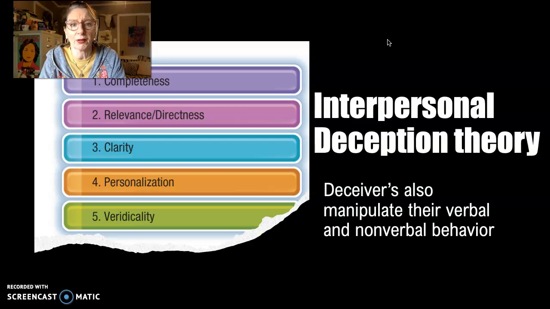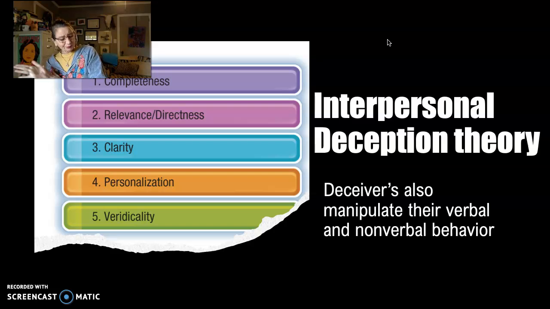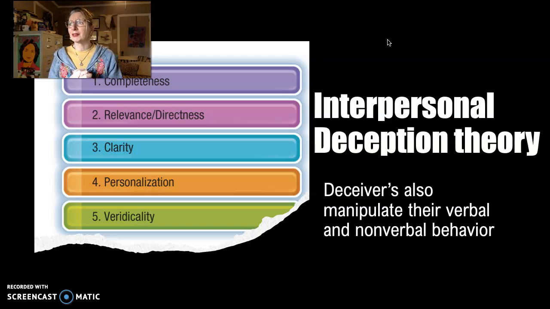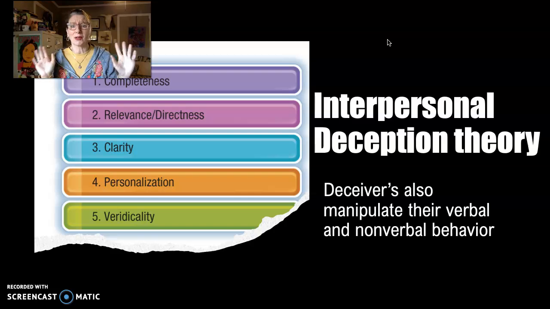That's how you can tell someone's trying to deceive you in the message. Clarity. Clarity means something that doesn't make sense, right? You're going, huh? What does that mean? Or they leave out details, or it doesn't make sense at all.